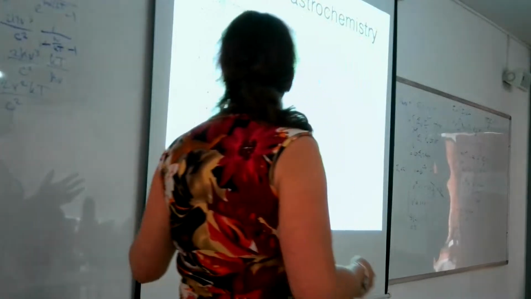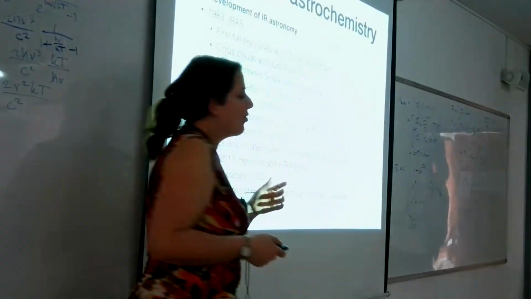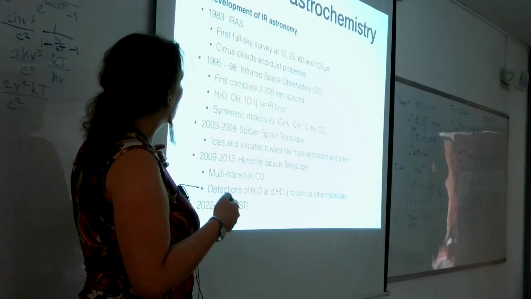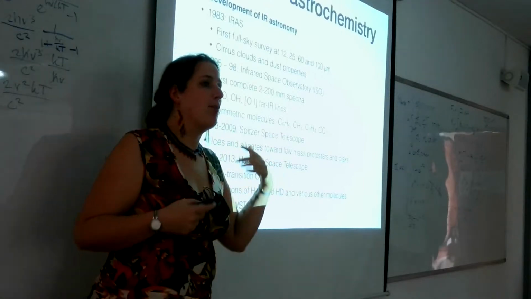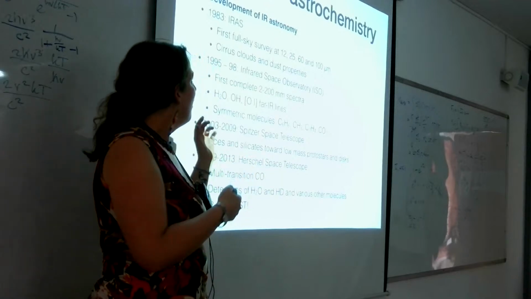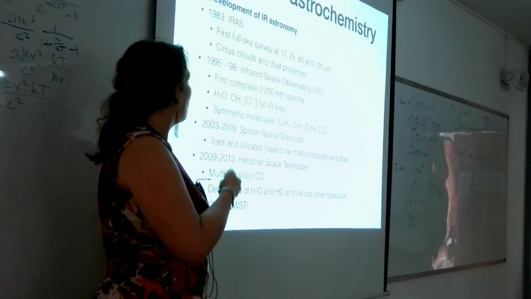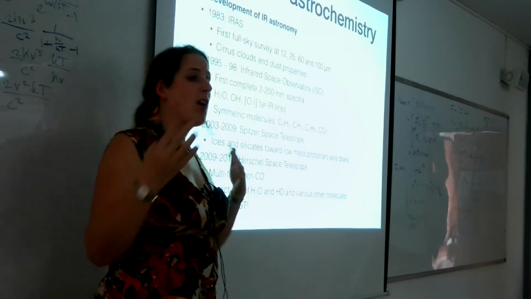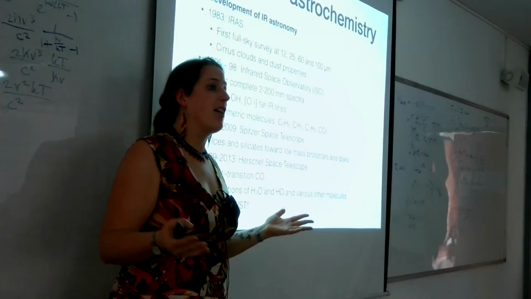Then infrared astronomy also started to contribute to astrochemistry. So IRAS, we talked about that before, was doing infrared photometry. They did a full sky survey at various wavelengths, which meant that we now had some idea of the typical cloud properties and the dust.